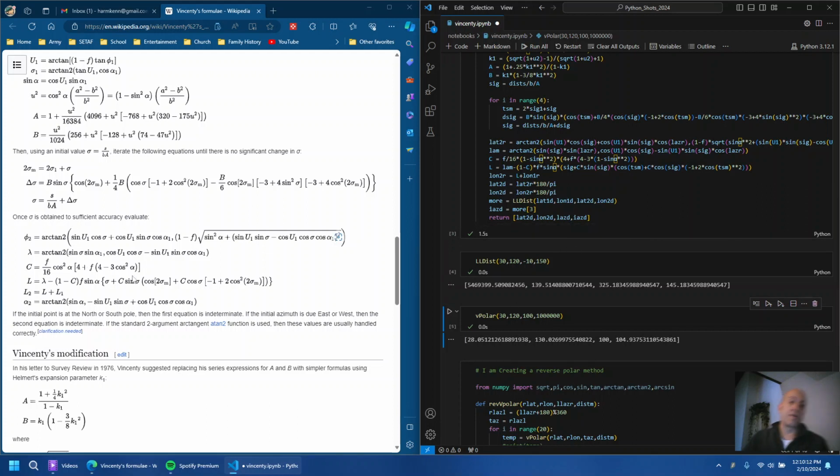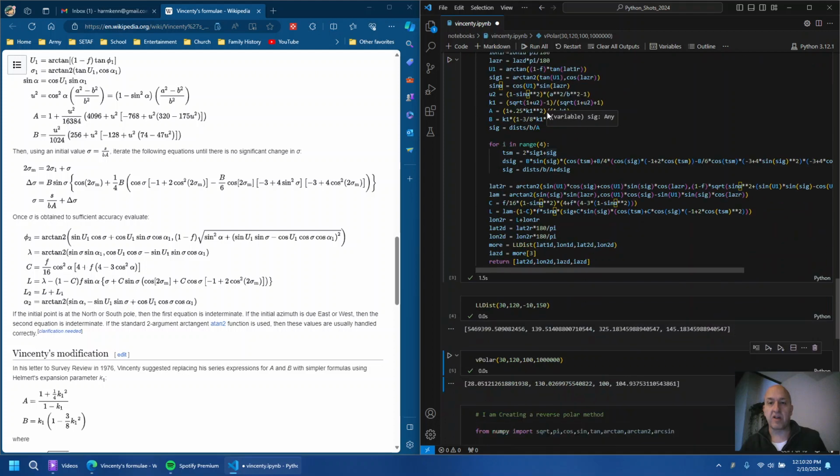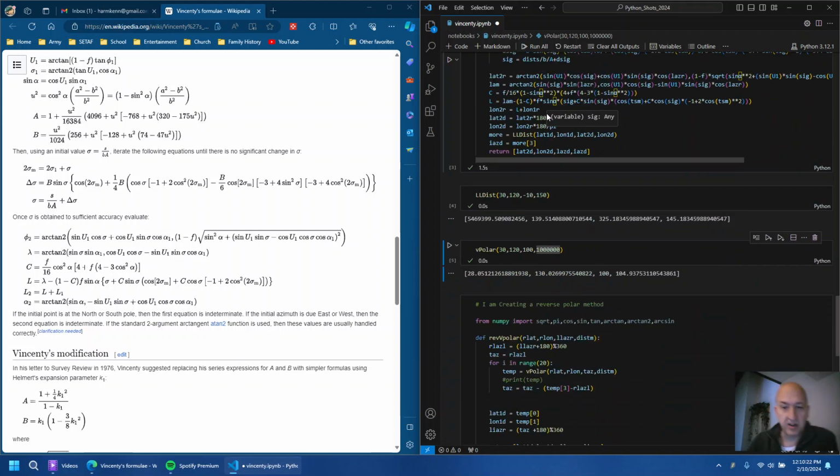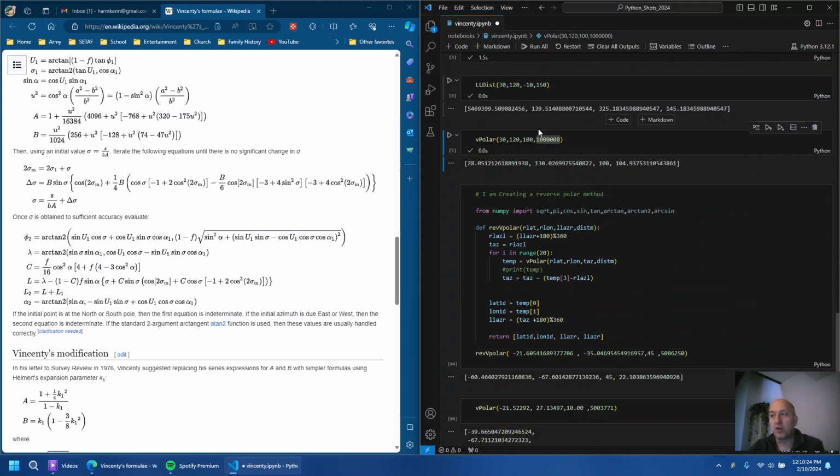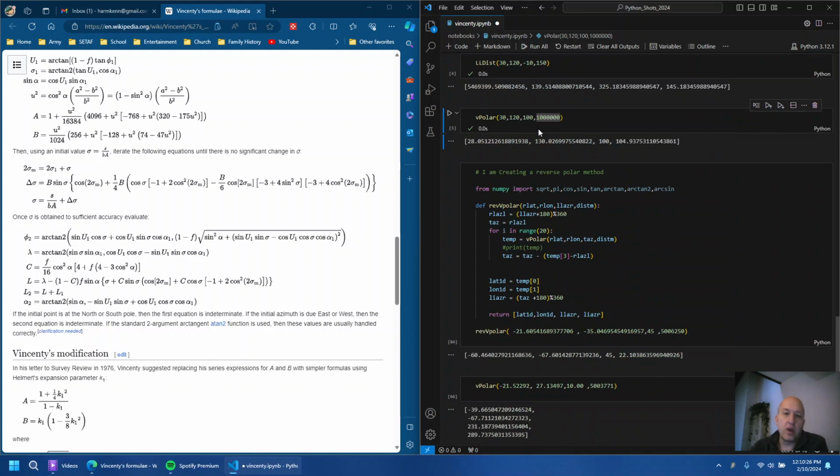Now, those are Vincenty's 2 sets of formula. Hasn't changed since the 70s. Everybody still uses it. This is the standard of how we compute distance on our planet. But I needed one more thing. What if I had a far point, and I knew the direction and distance to it, but I want to know where I am?